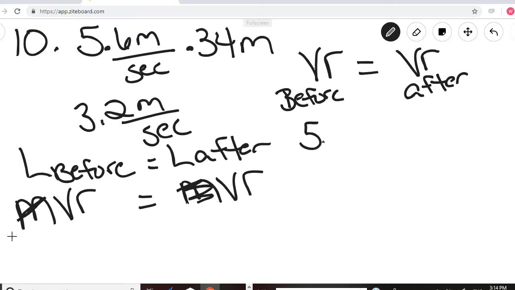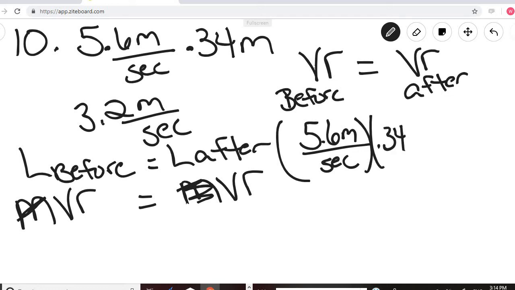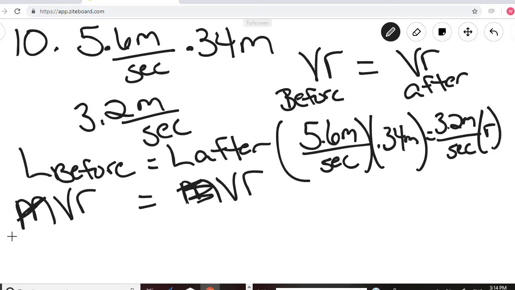So vr before will be 5.6 meters per second times 0.34 meters. And that will be equal to the new velocity, which is 3.2 meters per second times the new radius. Okay, so we're going to solve for r by dividing both sides by 3.2 meters per second.